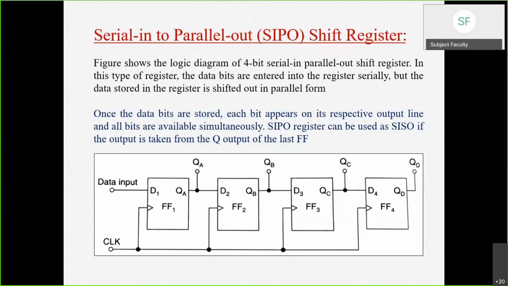Okay, is it clear? Working of SISO and SIPO? Just let me know.